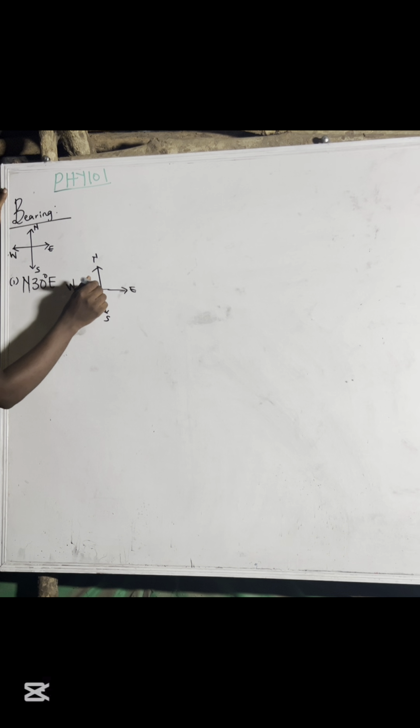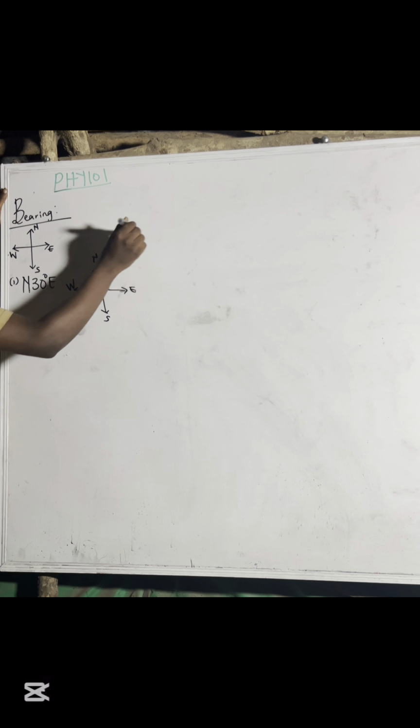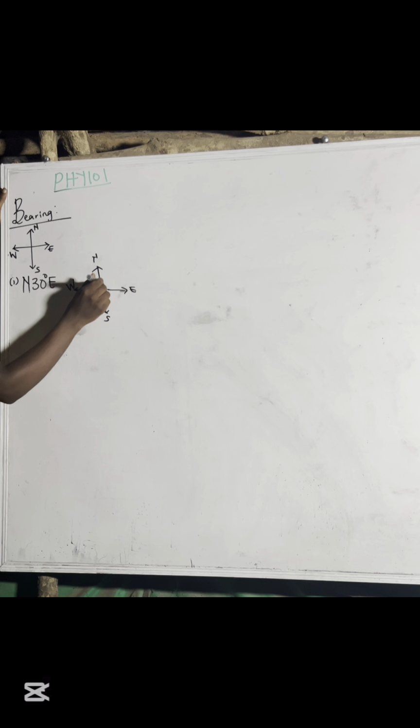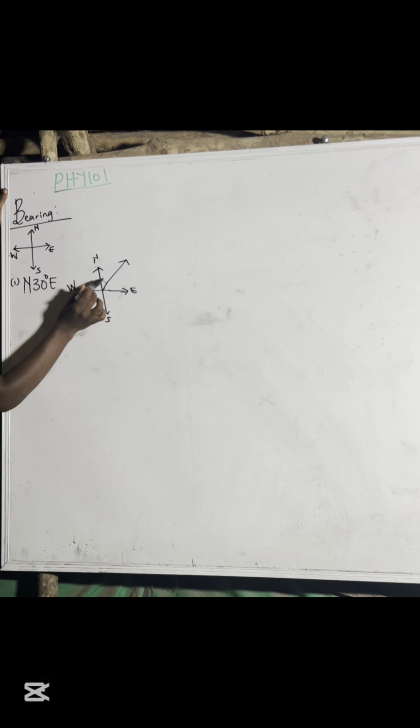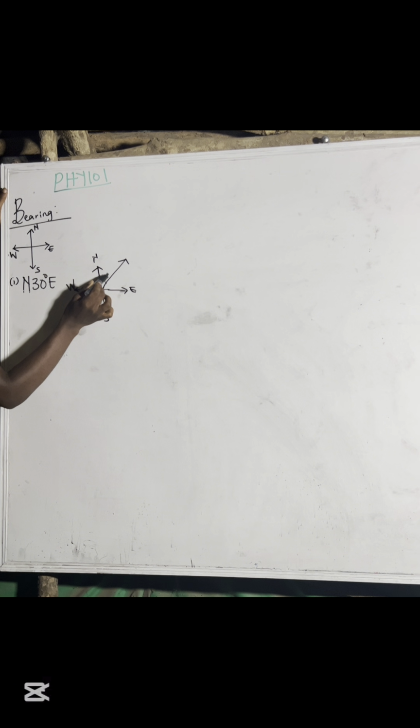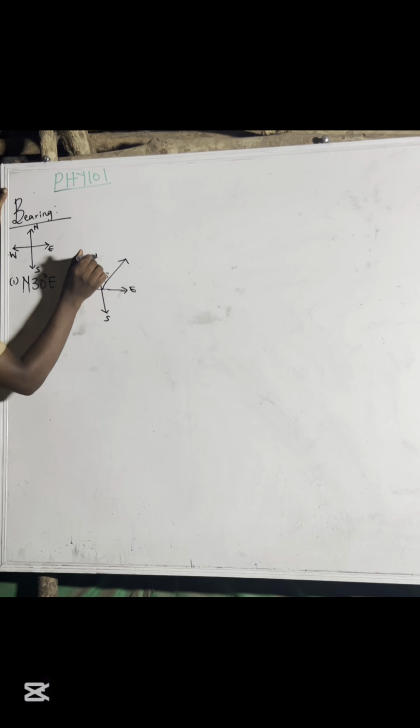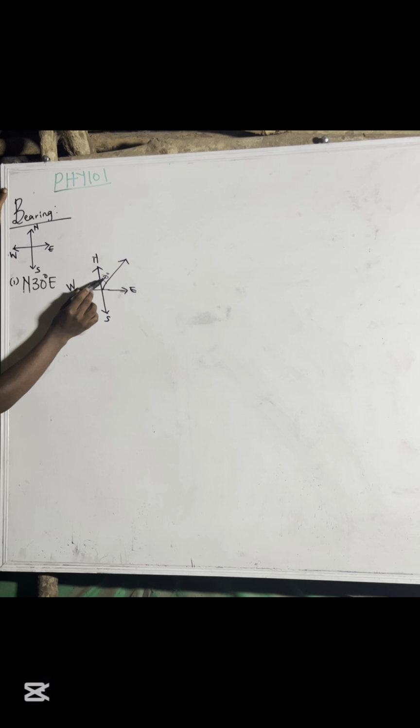So this simply means the angle is going to be between these. They say north. After north is 30 degrees. This is north. After north is 30 degrees. So this simply means north 30 degrees east.